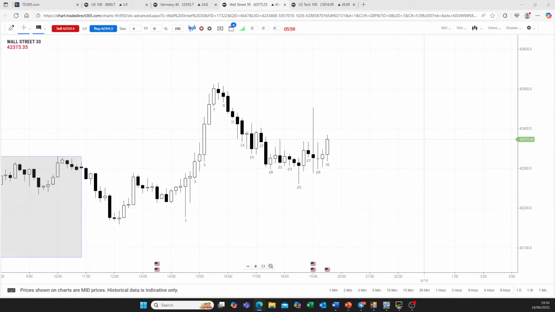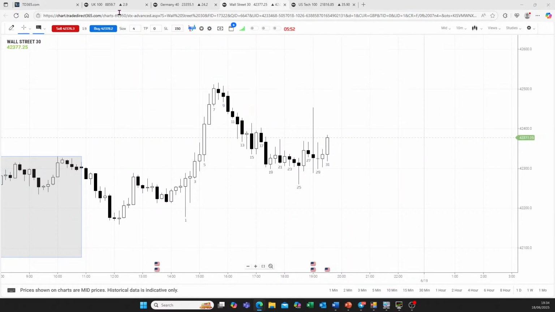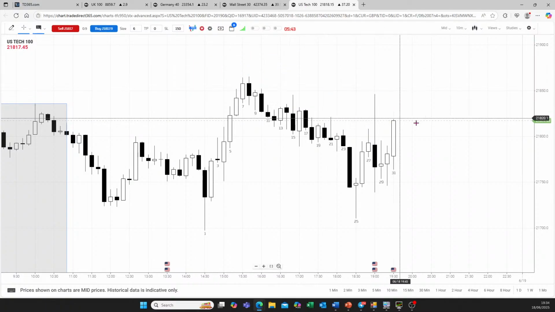So then it's just a question of being patient. Maybe get the stake size lined up you want to trade it in. Also the stop loss.